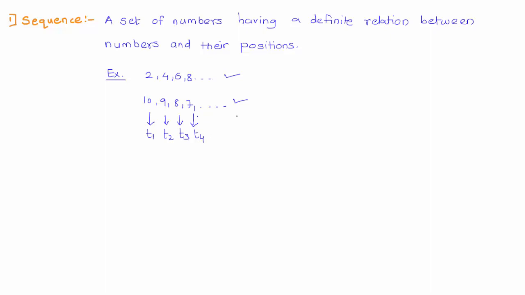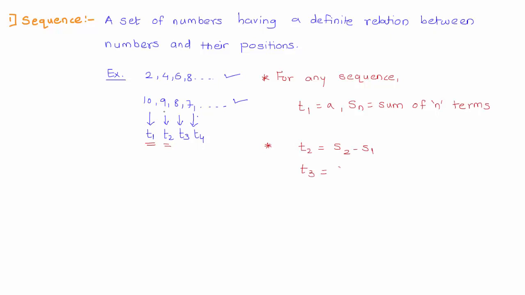Alright, now let us see some special results. Okay, so these are some of the terminologies that we'll have to remember. T1 is the first term, as you can see here, and it is also denoted by A. Sn is the sum of n terms, where n can be any number. T2 is S2 minus S1, right?